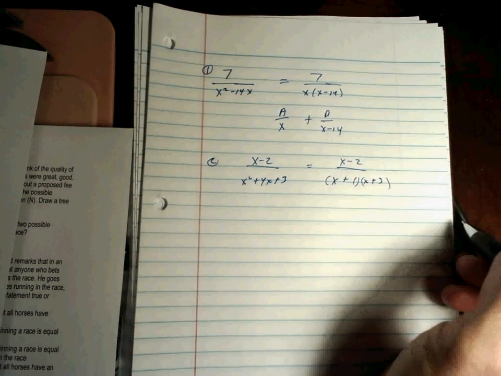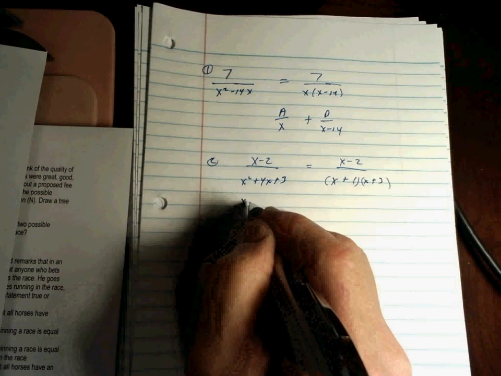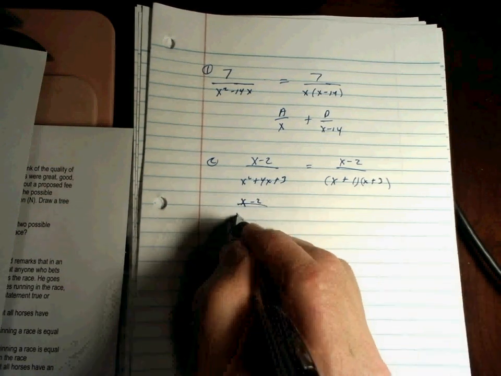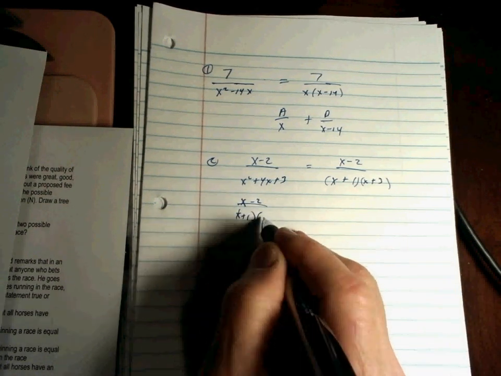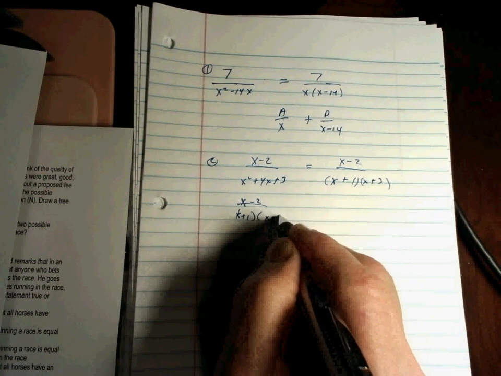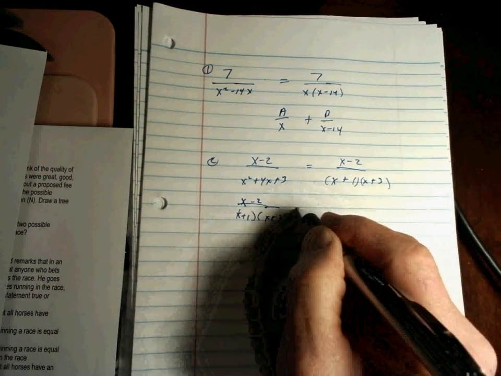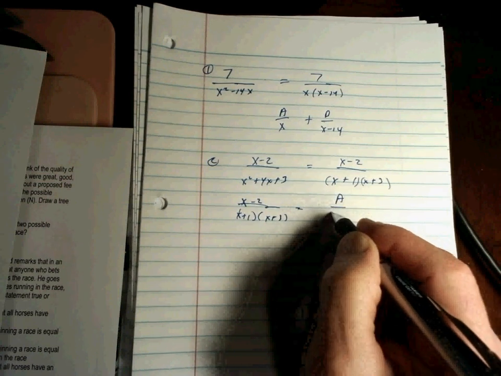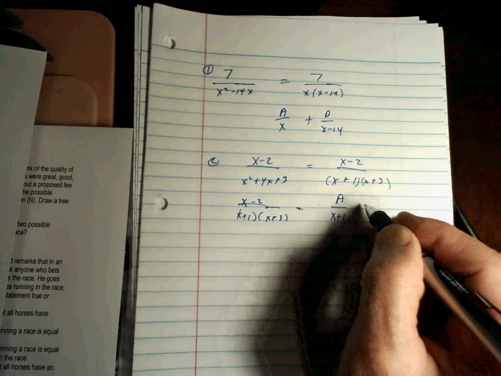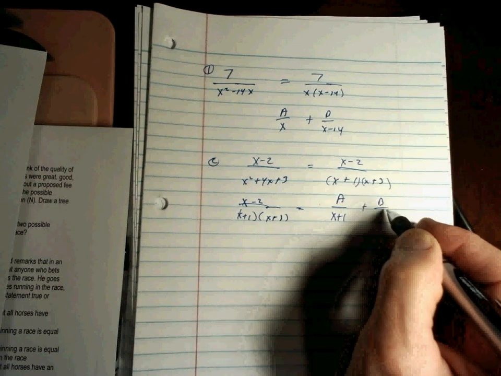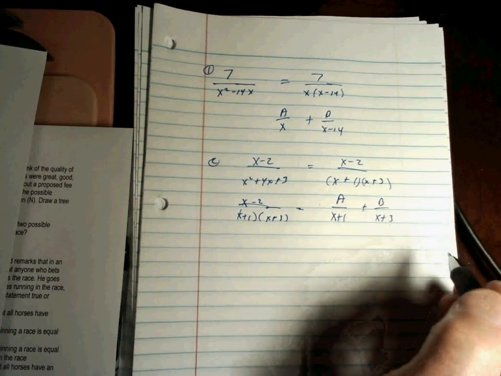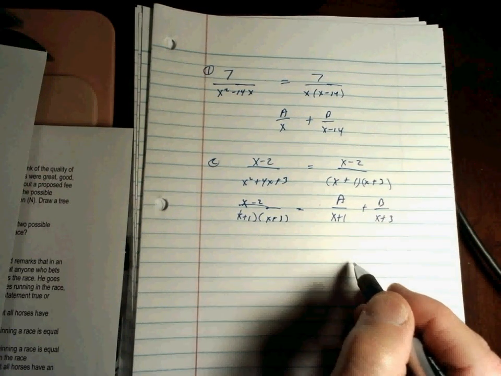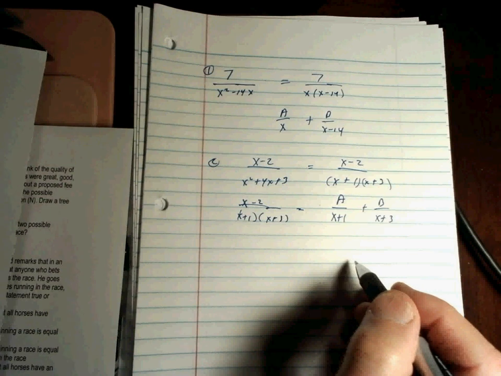So we can write this as x minus 2 over x plus 1 multiplied by x plus 3, and the breakdown, not solving, just the partial fraction breakdown, will be A over each of those individual factors. Then it'll be plus B over the other individual linear factor. So the breakdown is not a real difficult process to do.